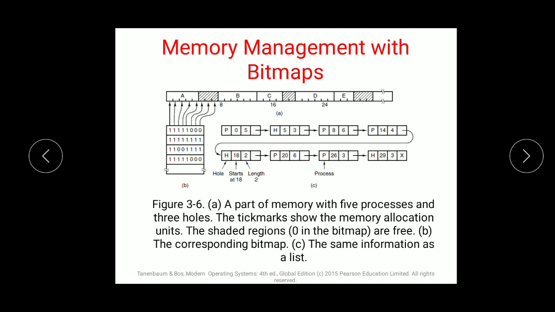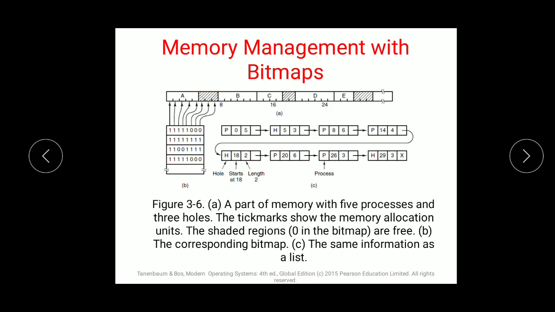Now the disadvantage is there. A part of memory where there is a hole, a space left for a certain process, but the allocation unit is more, so that space becomes free. So this can be a disadvantage. See here, every bitmap is calculated, 1 2 3 likewise.